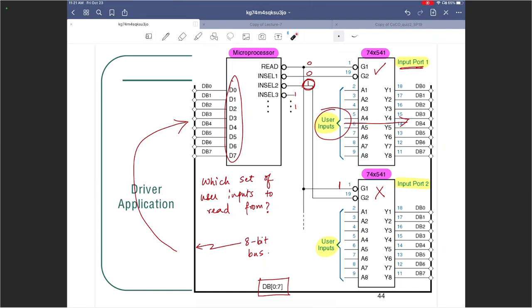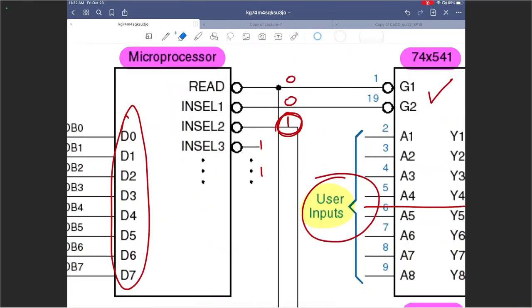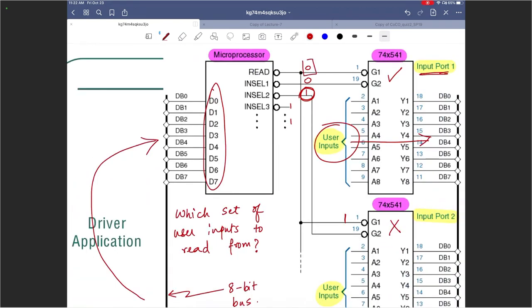Now if you wanted to read from input port 2, what would you need to do? Would you change this? Would you change the read signal? Zero one zero one. 0101, right, 0101 is looking good.